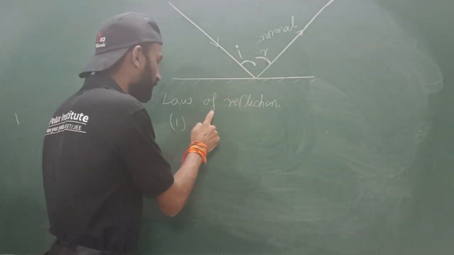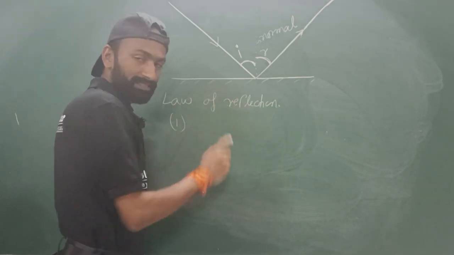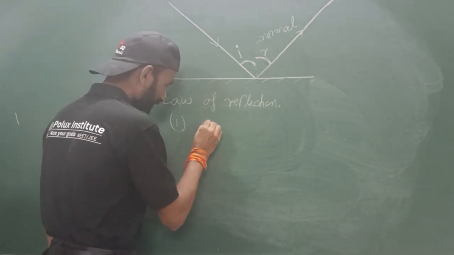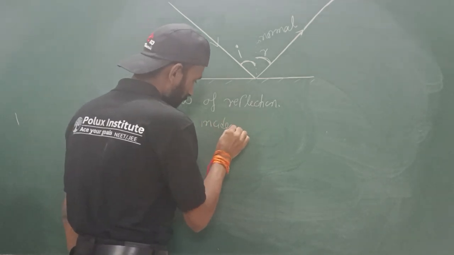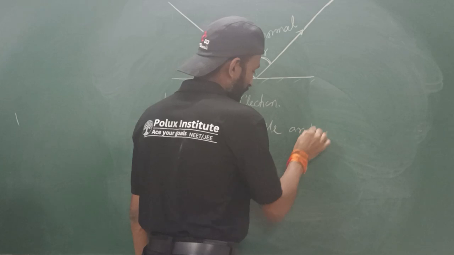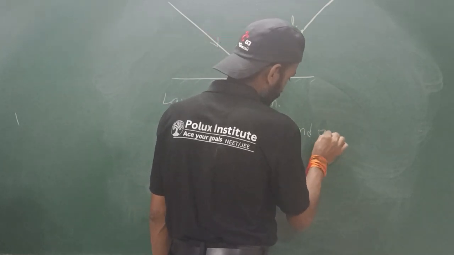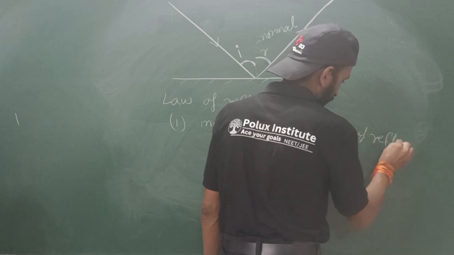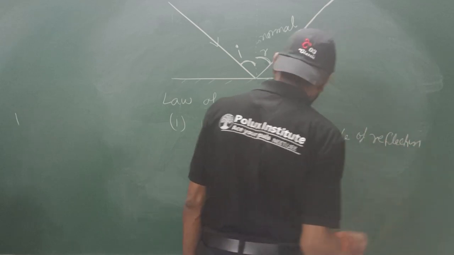So the first law of reflection is that the incident angle and the angle of reflection are equal.